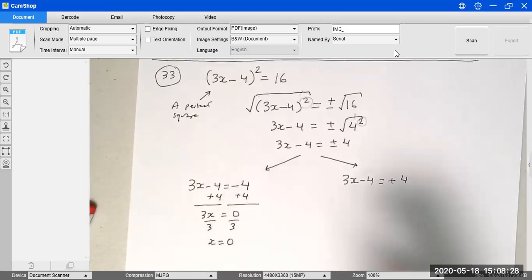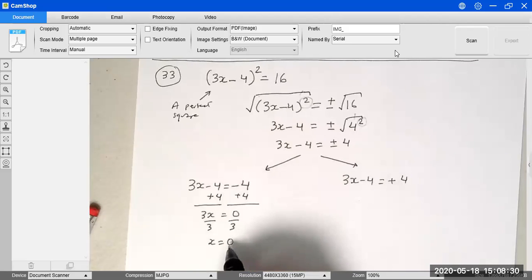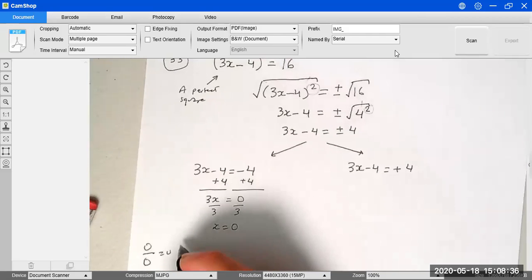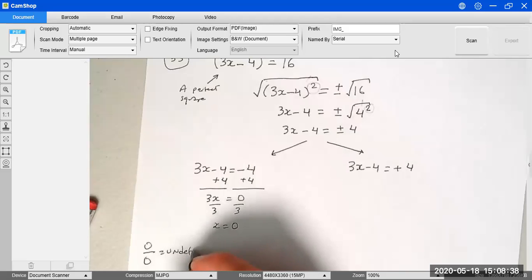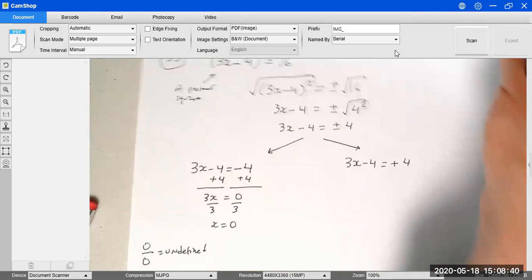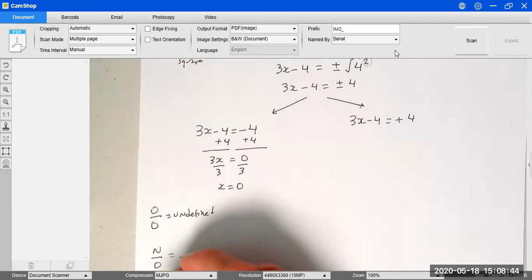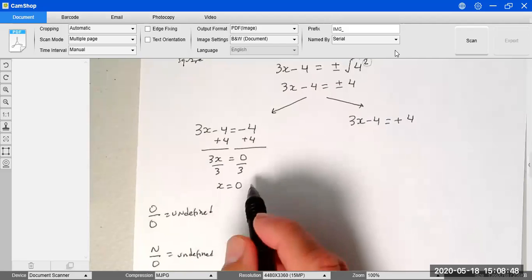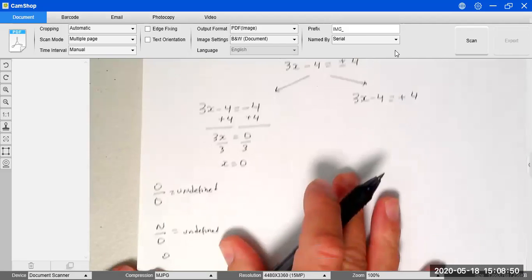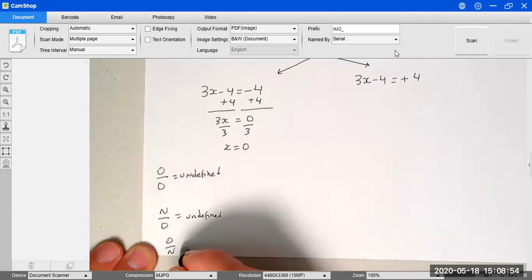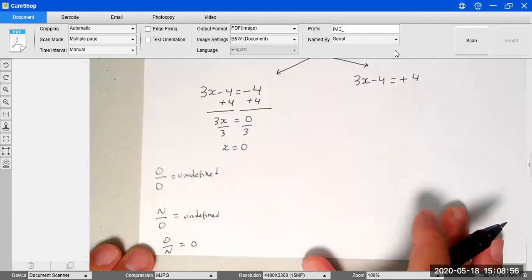So 0 divided by any number is 0, with the exception that if you have 0 over 0, this is undefined. Or if you have any number over 0, that is also undefined. But when you have 0 over a non-zero number, then this is going to be 0.